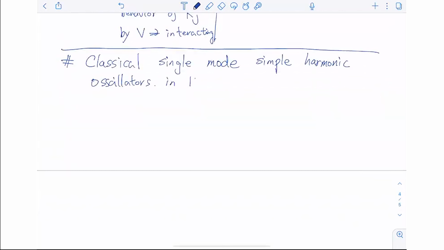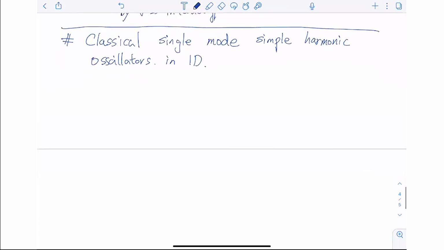Let's assume that we are in 1D. So the corresponding Hamiltonian is simple.